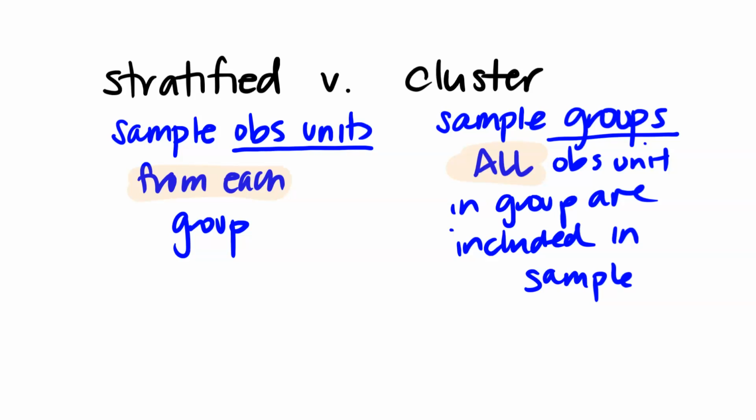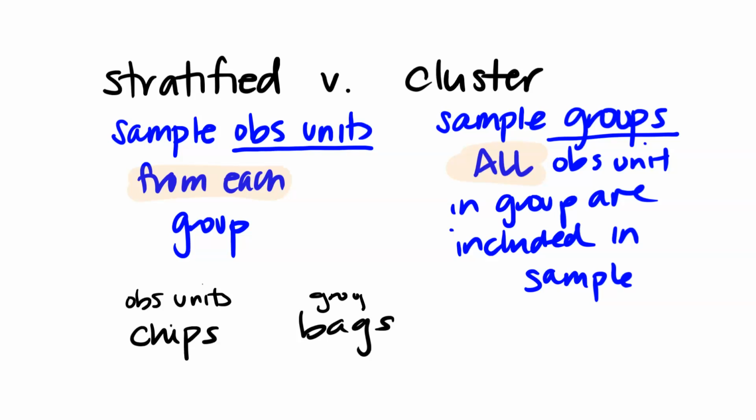I typically give an example of being a quality control person at a potato chip factory. In a potato chip factory, we have a nice setup of grouping, right? There are individual chips inside of the bags themselves. So the chips would be our individuals, or the things that we might actually observe, and the bags might be our groups.